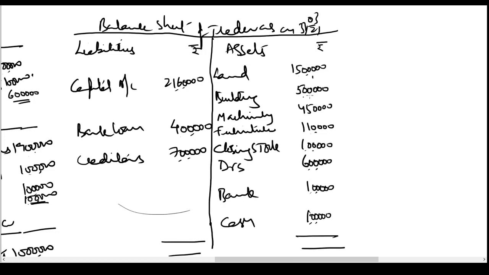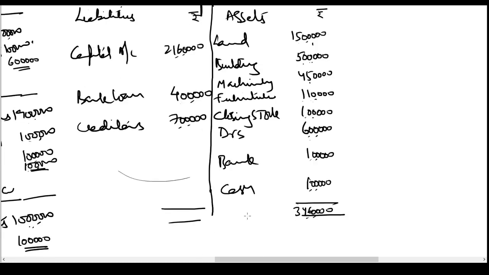Land 15 lakh plus 5 lakh is 20, 24 lakh 50,000, 24 lakh 60, 25 60, 26 60, 32 60 plus 2 lakh is 34 lakh 60,000. 34 lakh 60,000 minus 11 lakh is 23 lakh 60,000.